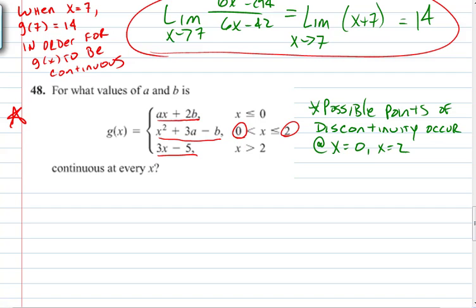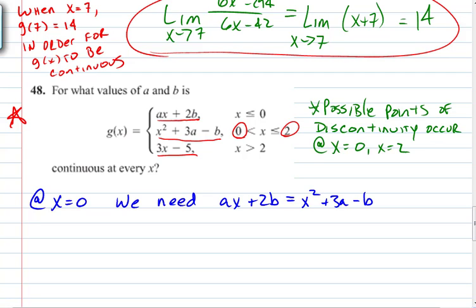So what we're going to say then is at x equals 0, looking at the linear function, we need ax plus 2b to be equal in value to x squared plus 3a minus b.